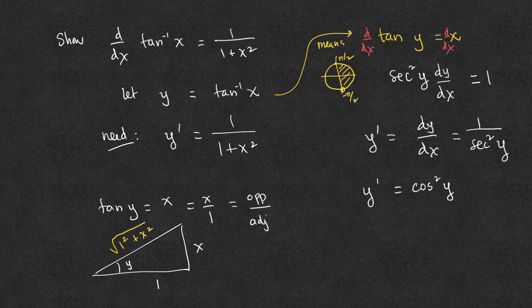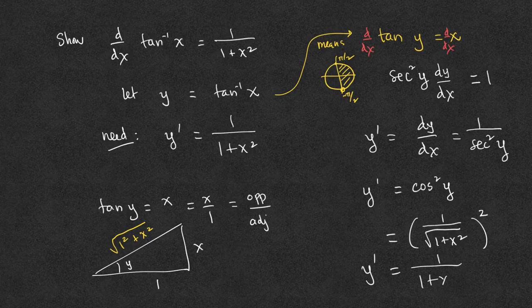Now, using this right triangle, cosine of y is adjacent over hypotenuse, and so cosine squared of y is cosine of y, the quantity squared, but cosine of y is 1 over the square root of 1 plus x squared. Therefore, y prime is 1 over 1 plus x squared. We just showed that the derivative of tangent inverse of x is 1 over 1 plus x squared.